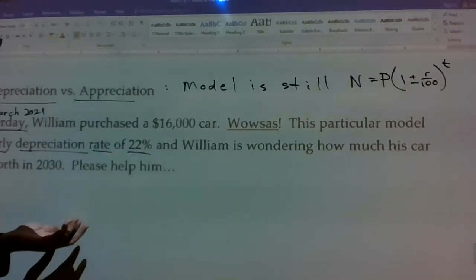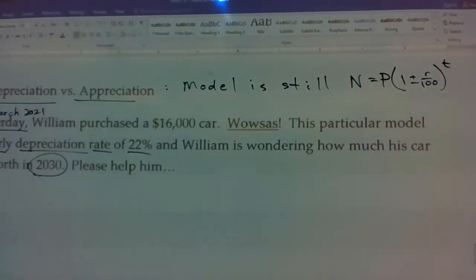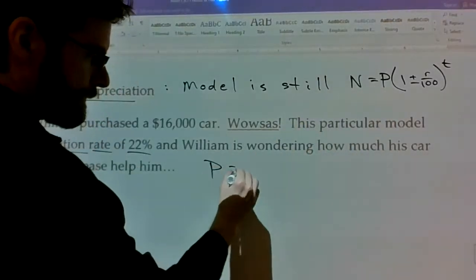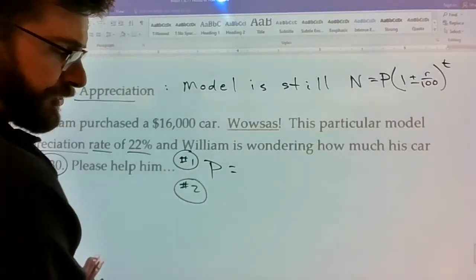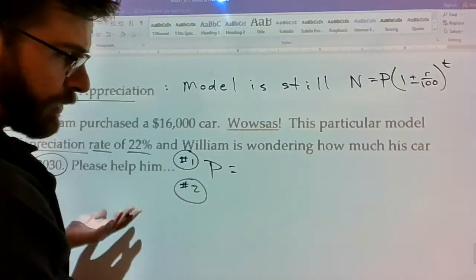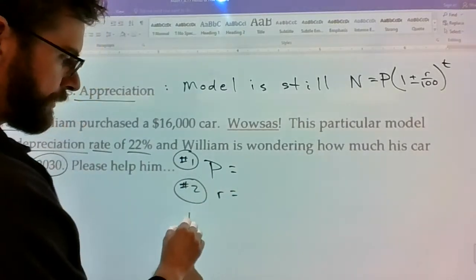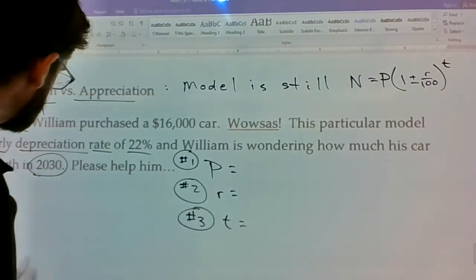And Will is basically wondering how much his car will be worth in 2030. So we need to get the principal amount. That was kind of like our first number. Number 2, we need to figure out what's the rate of growth or decay, what's the rate of appreciation or depreciation. And then number 3, what's the time value here? How much time has gone by?